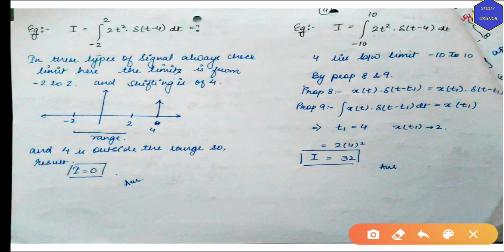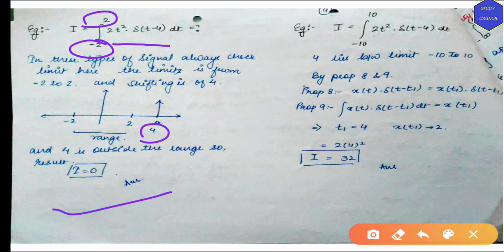If we have I equal to the integral of 2t square into delta of t minus 4 dt, then in this type of problem always check the limits. So it is from -2 to 2, but the value lies outside, that is 4. So the result is I is equal to 0.